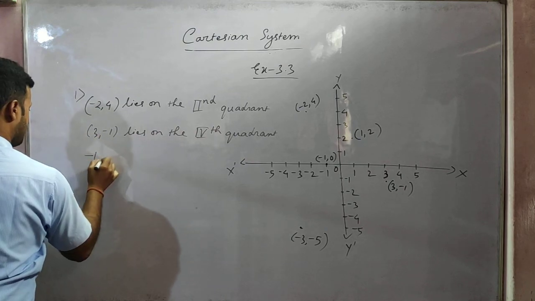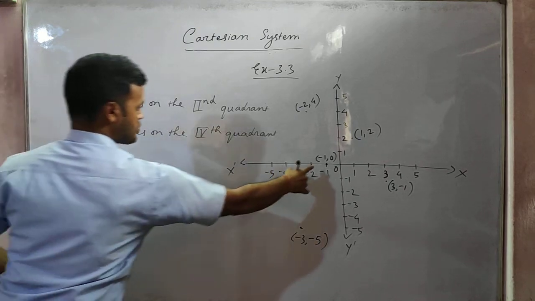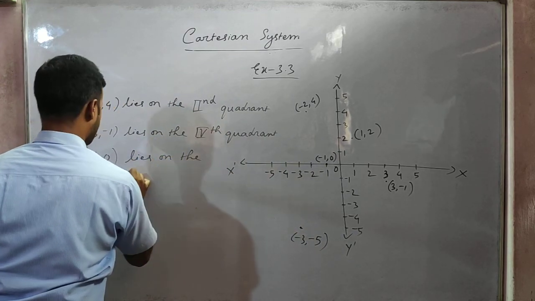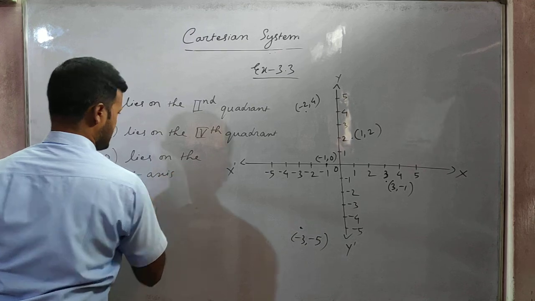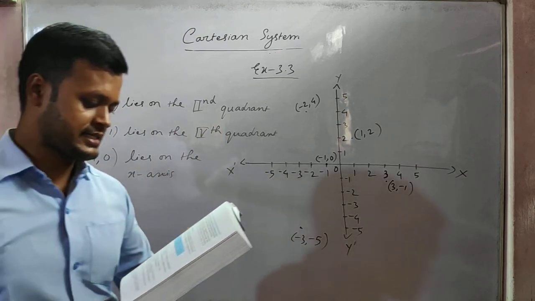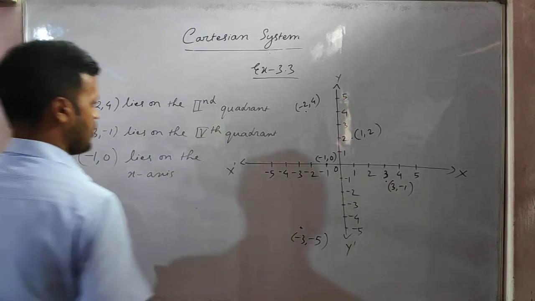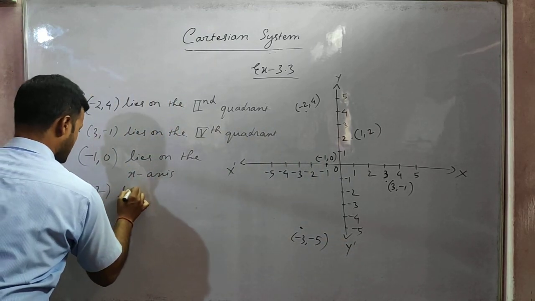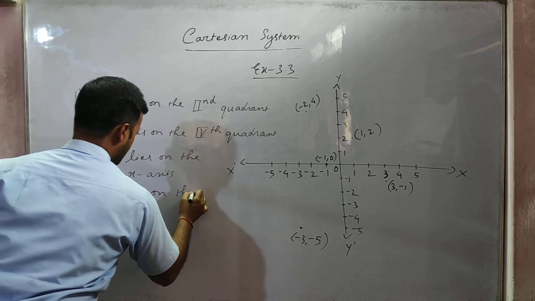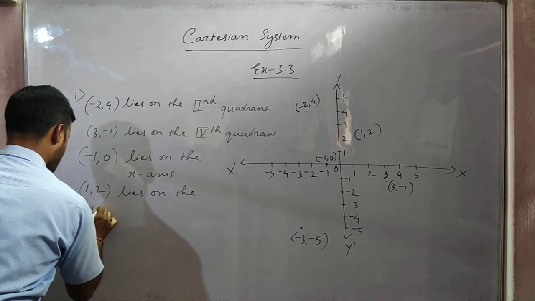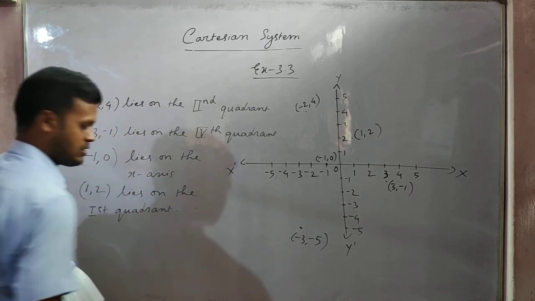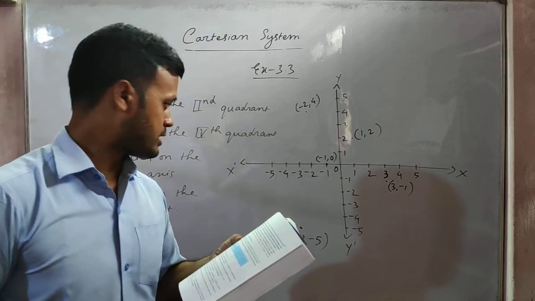Students, (-1, 0) lies on the x-axis. Then (1, 2) lies on the first quadrant, isn't it?